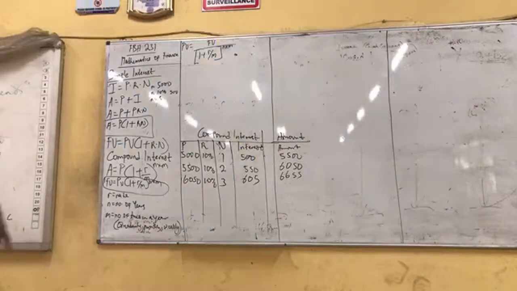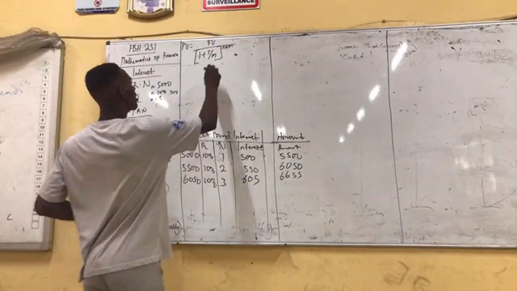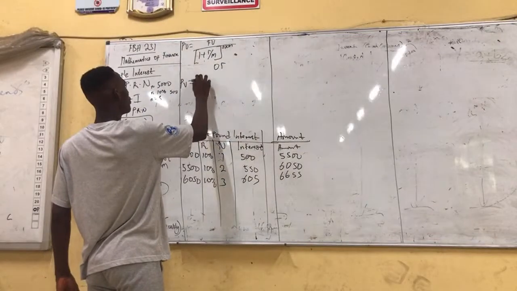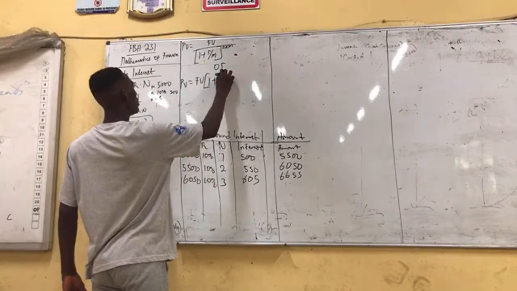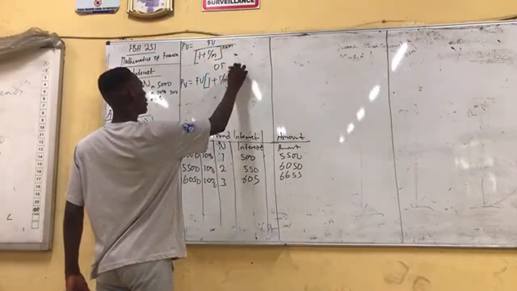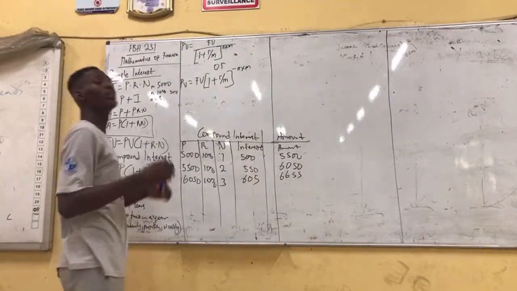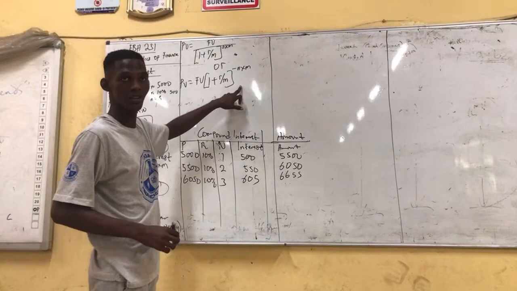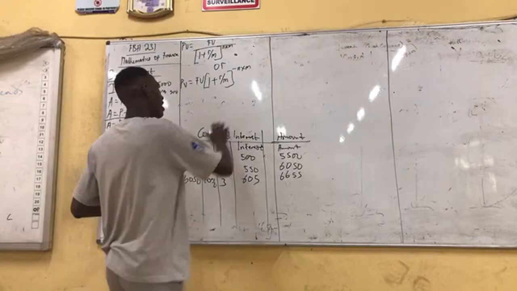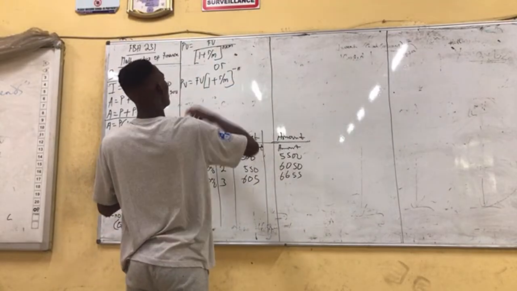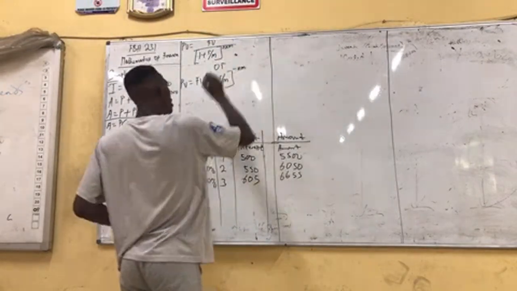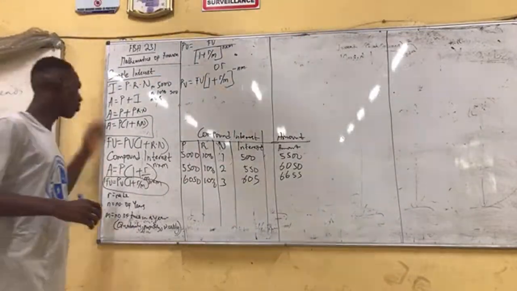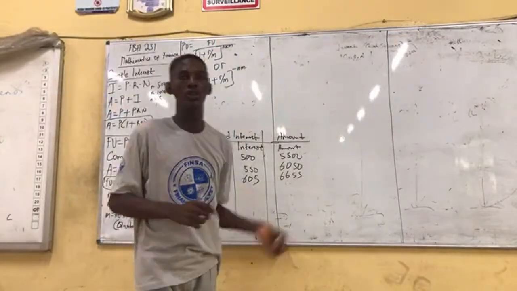And sometimes you see it in some textbooks like this, the same thing: future value, open bracket, 1 plus R over N, close bracket, to the power minus N times T. It's still the same thing. It's like interpreting it as an inverse, depending on the way you want it. So these are the formulas that you can have under compound interest.